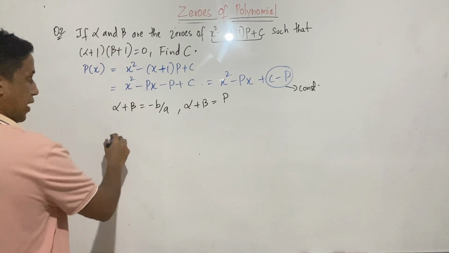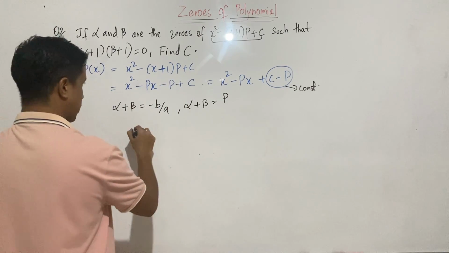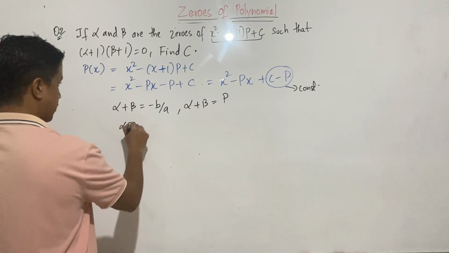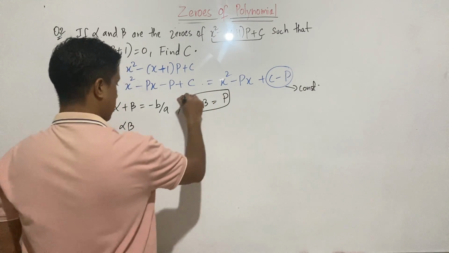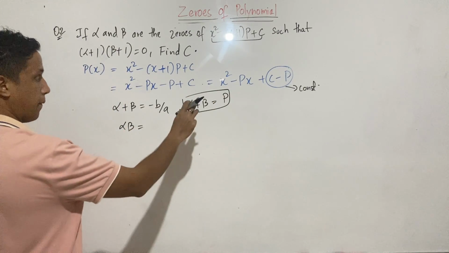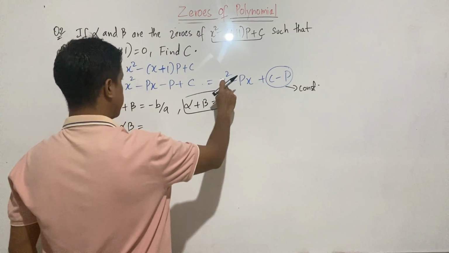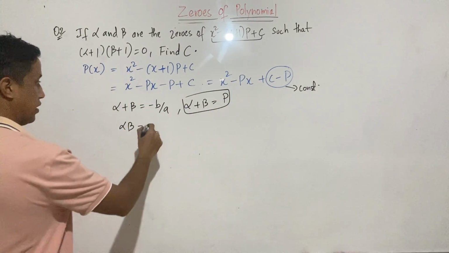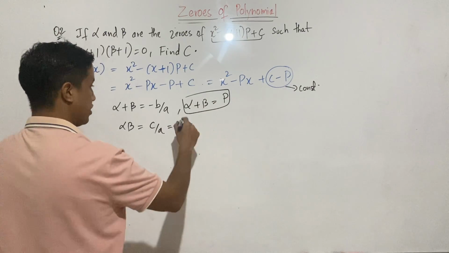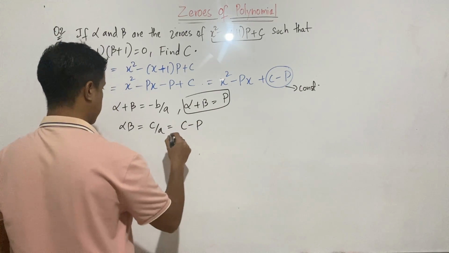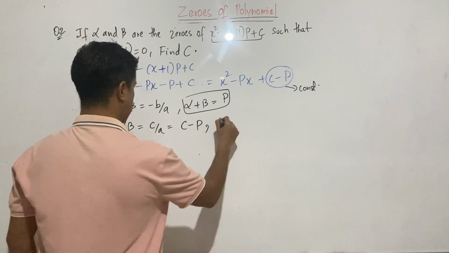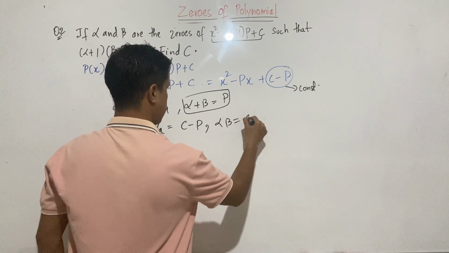A is 1, and alpha beta will be c by a, right? C by a, which is c minus p. So can I say alpha beta is c minus p?